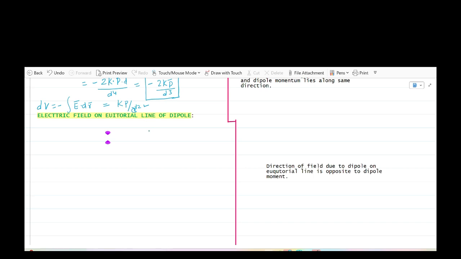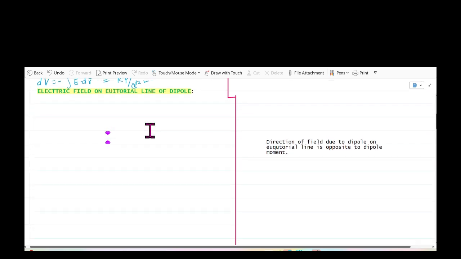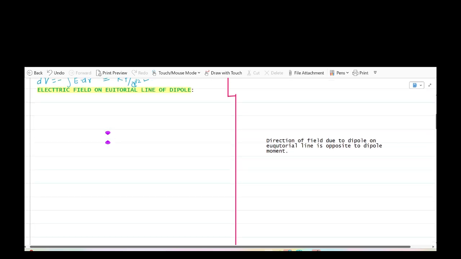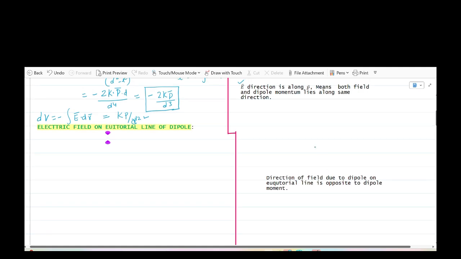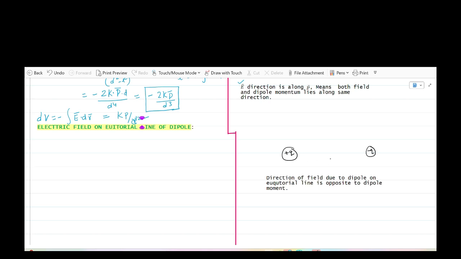So now coming to the field on the equatorial line of a dipole. Let's consider an equatorial line. This is positive Q, this is negative Q. This system forms a dipole.